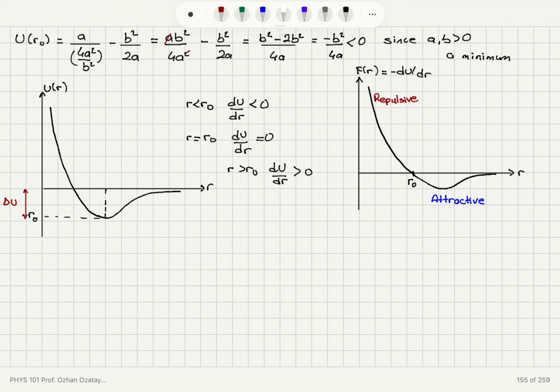And as r goes to infinity, du dr goes to 0. So the force at infinite distance has to be 0. So we see that there is a minimum for this function as well. And in this range, the force is negative, so we have an attractive region.